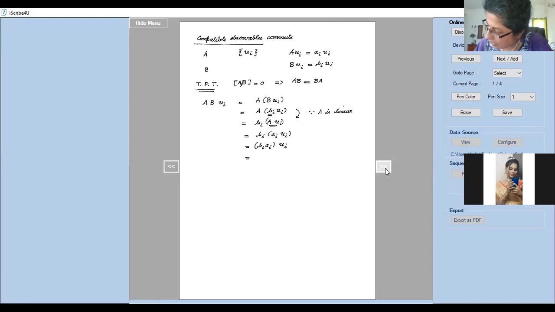So we can write this as ai bi ui. Please remember, bi ai is equal to ai bi. The only reason I can do this is because both ai and bi are numbers. They are not operators, they are numbers.